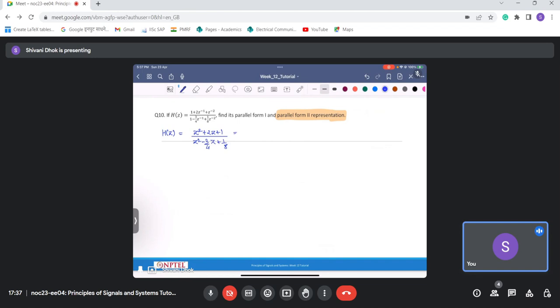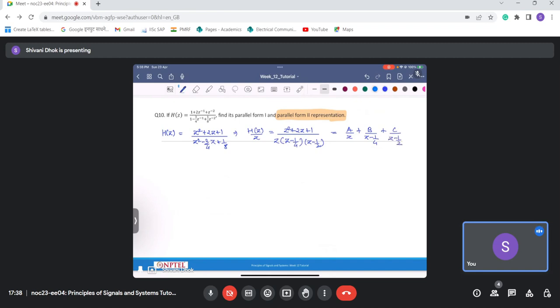Now, in order to get the partial fractions representation, the degree of numerator should be less than the degree of denominator. So I'll consider H(z)/z. So this I can write as (z^2 plus 2z plus 1) whole divided by z into (z minus 1/4) into (z minus 1/2), and this I can write as A by z plus B upon (z minus 1/4) plus C upon (z minus 1/2).